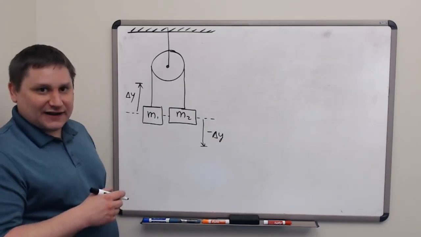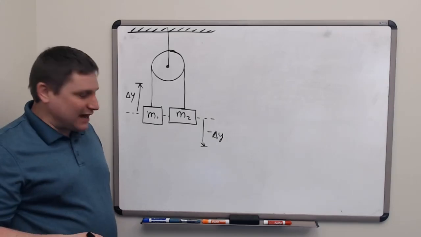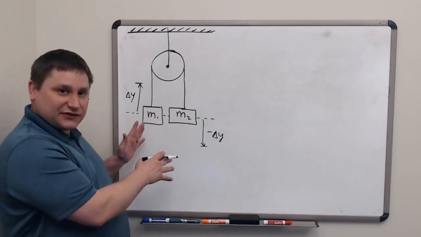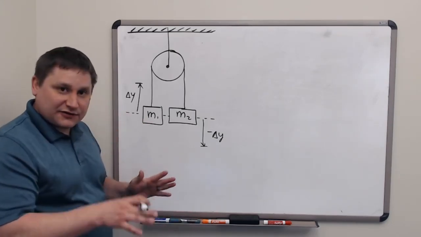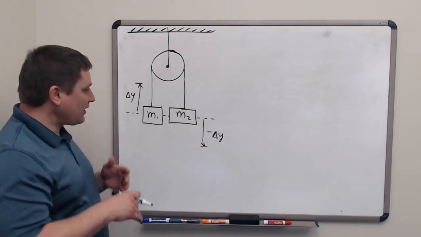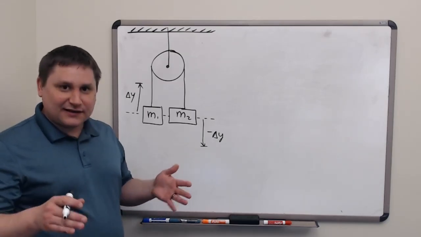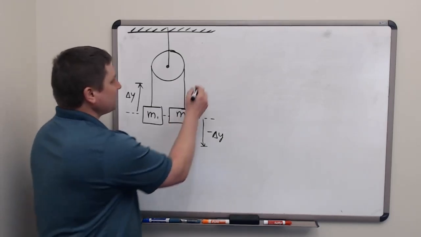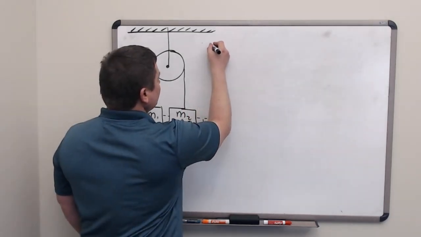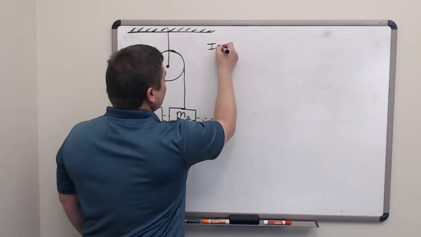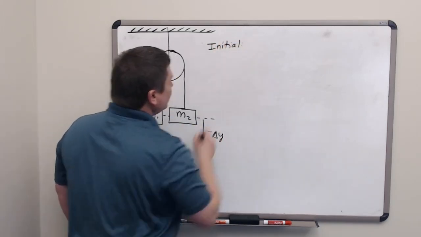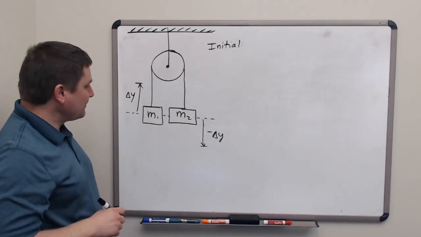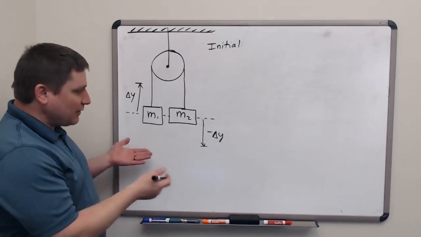Approaching this in terms of conservation of energy, we want to think again about an initial configuration and the final configuration, and what are the velocities, speeds, and coordinates at both points. In this initial configuration, we've started with the masses both at the same height.